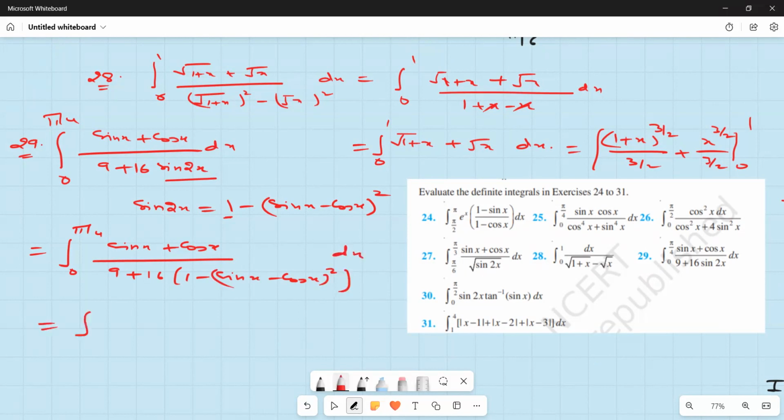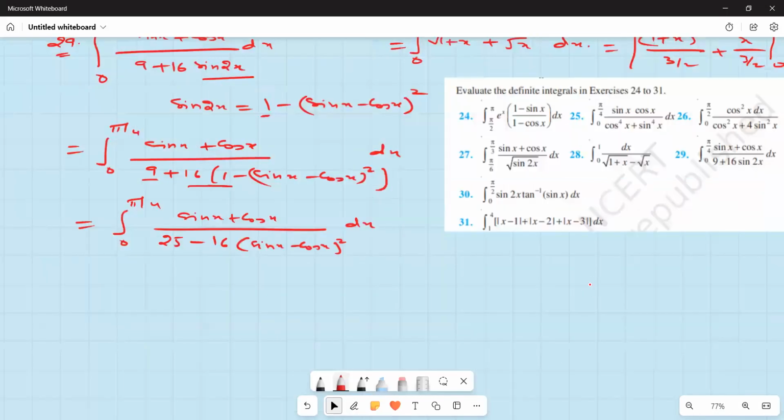So this is 0 to pi by 4 sin x plus cos x, 9 plus 16. This 9 plus this 16 gives 25 minus 16 times sin x minus cos x whole square dx. So take sin x minus cos x as t. So cos x plus sin x dx is equal to dt, na? Substitution. And put the limit.